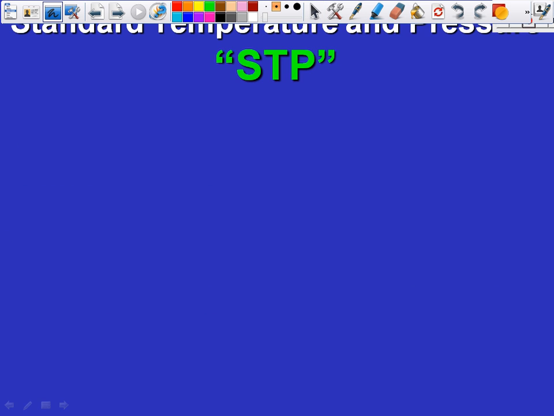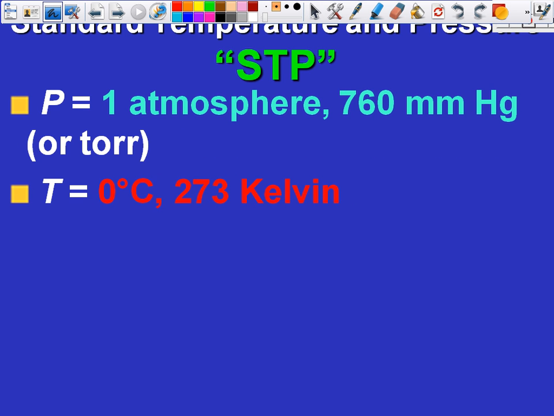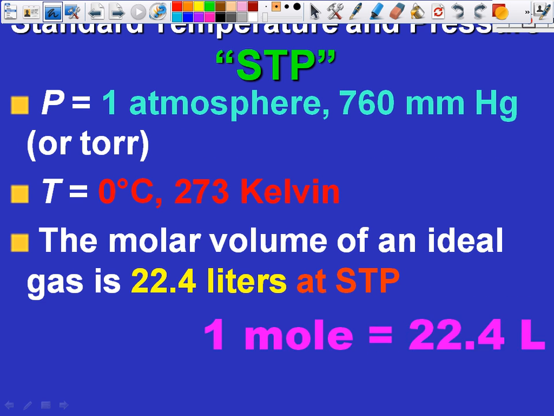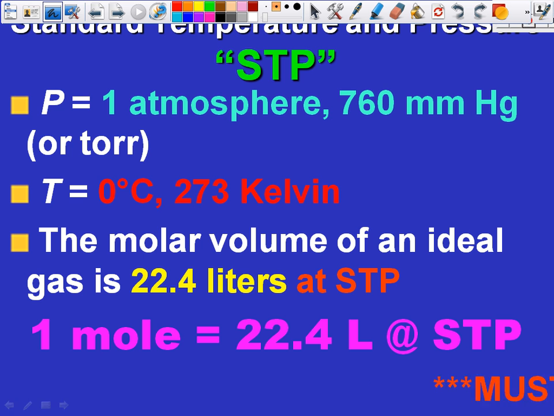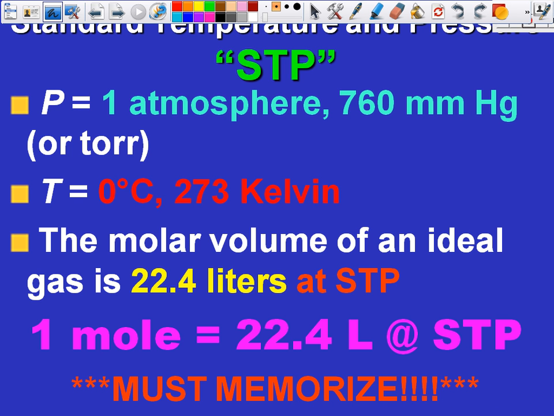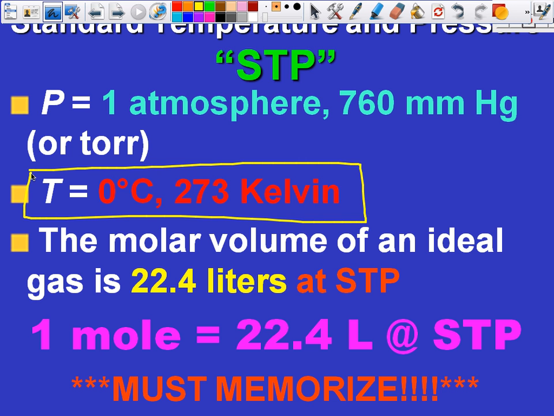All right? Now, we've already talked about this, and this is something that you really need to grasp, you need to understand, okay? That what is STP, and it's hard to get. I understand that. And there's no way to get around it. You're just going to have to put some time and effort in. This is the kicker right here.